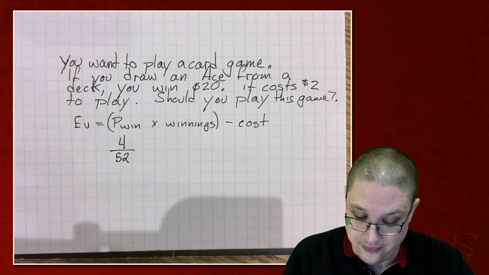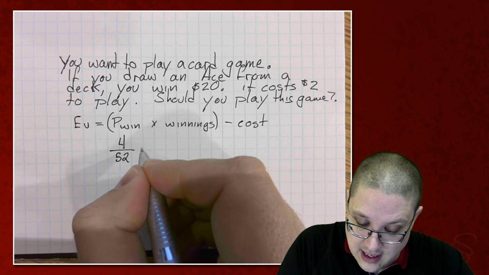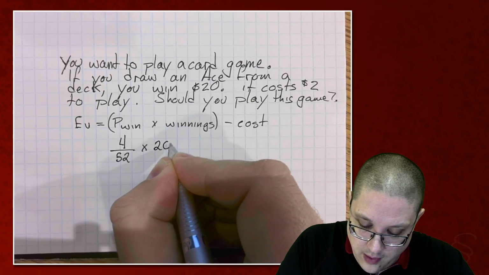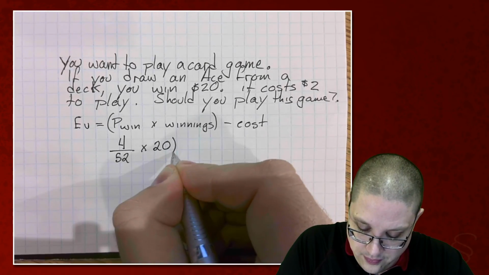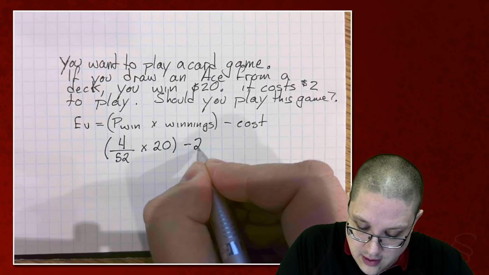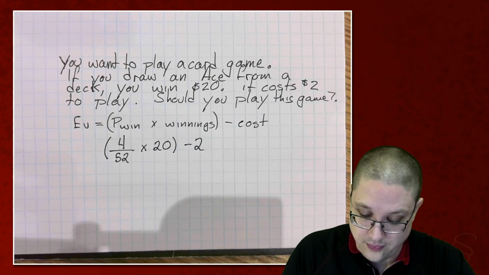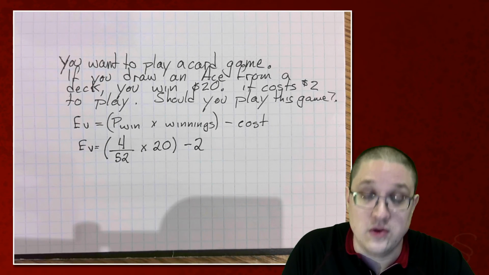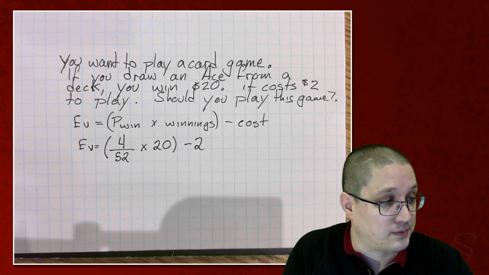I take that times the amount that I can win, $20. And the cost of this game is $2. So my expected value is 4 over 52 times 20 minus 2.